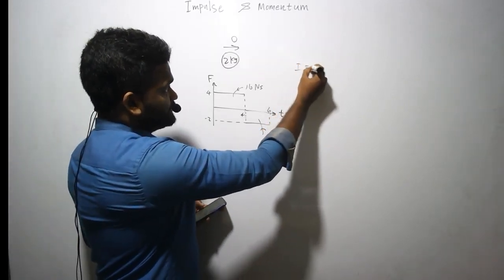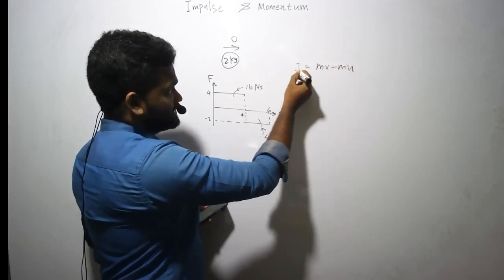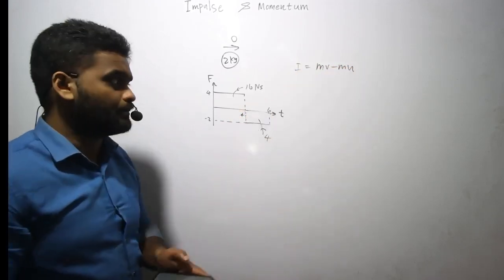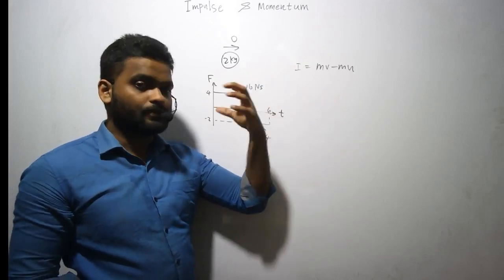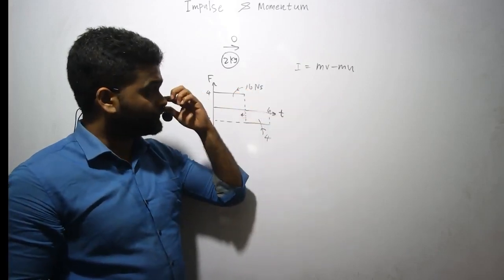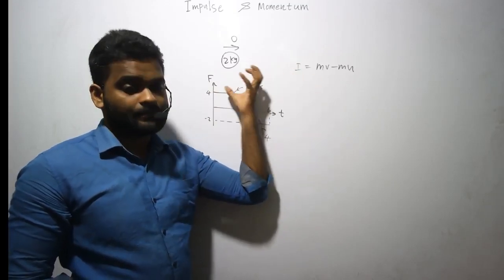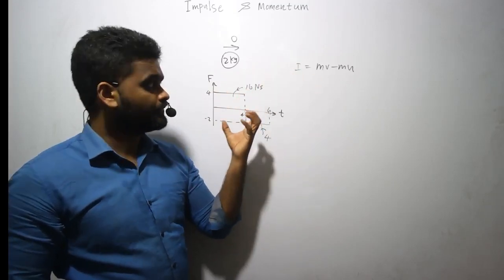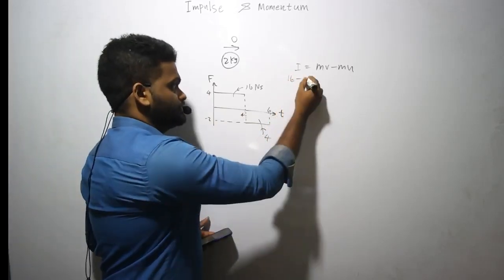So impulse is always mv minus mu. Here you cannot apply Fs if the force varies, I mean Ft. So you have to consider the area of the Ft graph. So the net area is 16 minus 4.